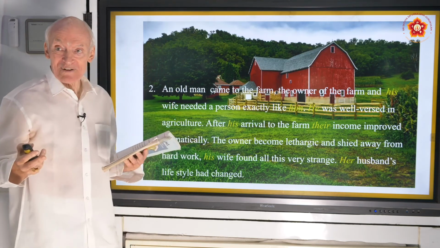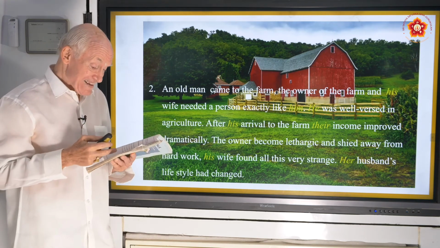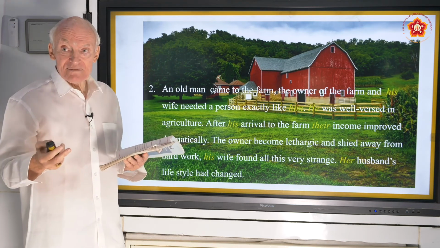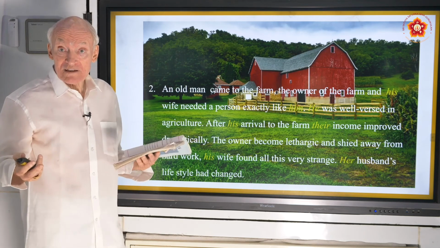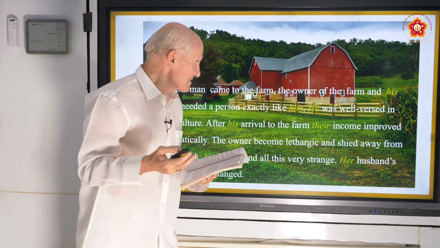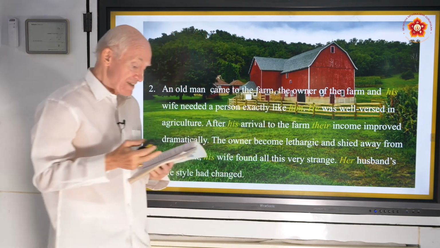The old man came to the farm and they needed a person like the old man. He was well versed in agriculture. Why did they need him? Because he, the old man, knew about agriculture. He'd done his own farm. He, the old man, was well versed in agriculture.